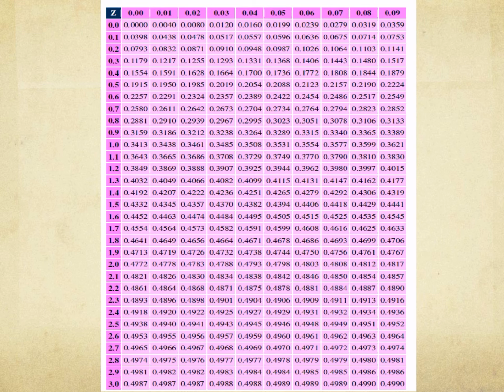So for 0.33, you start with the column, and then before you look at the row. For 0.33, we start with 0.3, and then we look at point 3. That means the equivalent value in the normal distribution graph will be 0.1293.